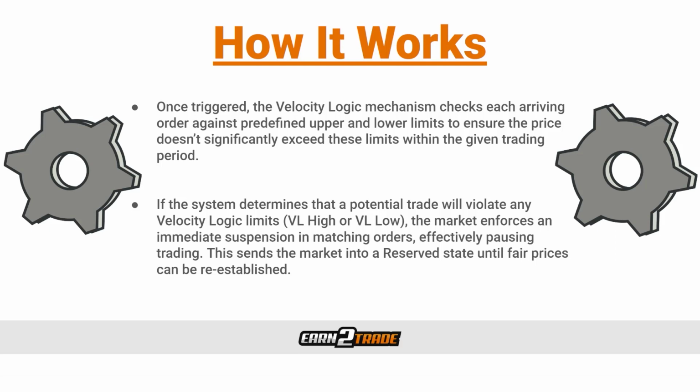This sends the market into a reserved state until fair prices can be reestablished. The temporary halt in trading also allows market participants to reassess the situation and make trading decisions based on the current information rather than panic and immediately react. Now, it is worth noting that the suspension affects both futures and options markets.